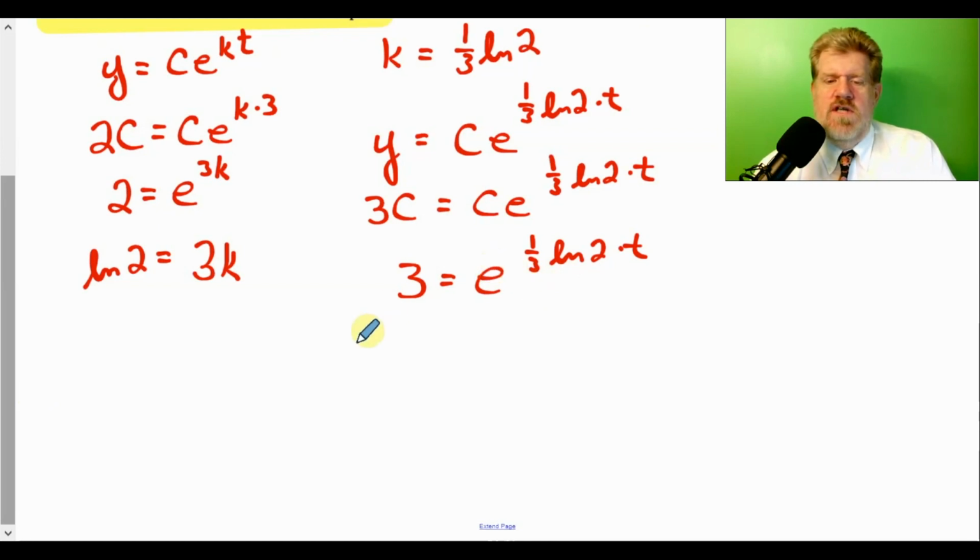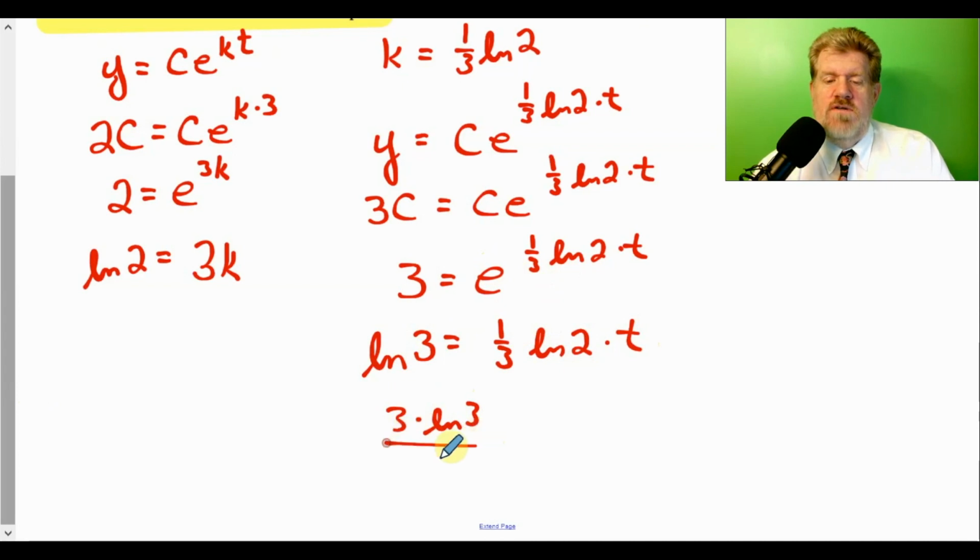The inverse of e is natural log. I'm going to take the natural log of both sides. All right, now I solve for T. So I'm going to multiply by 3, divide by natural log of 2. So my T value is approximately 4.755.